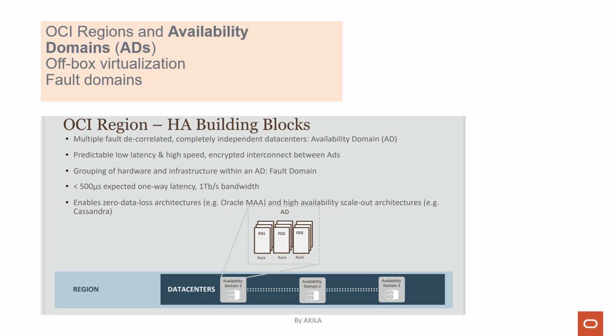These are the three terms we need to learn about OCI, and also off-box virtualization. That also we need to learn for Oracle Cloud. Before going to the architecture and the areas available in Oracle Cloud Infrastructure, we are going to learn about the regions.